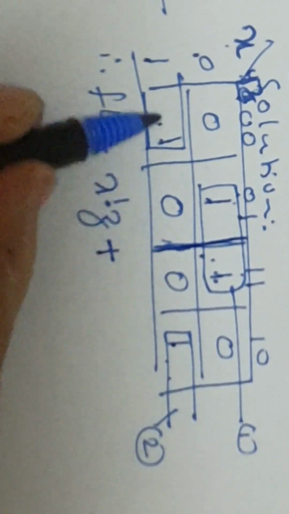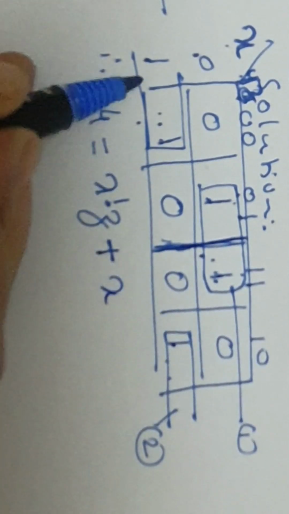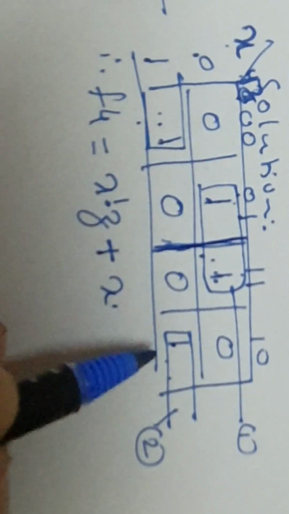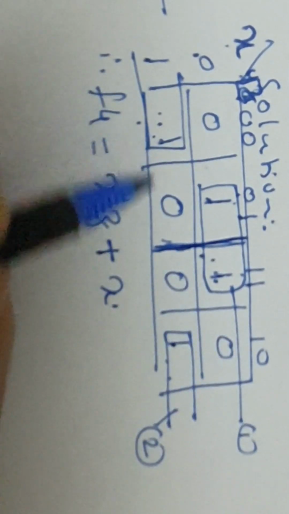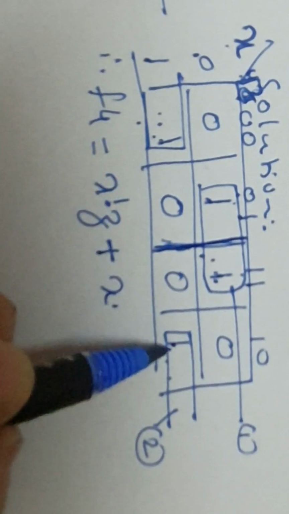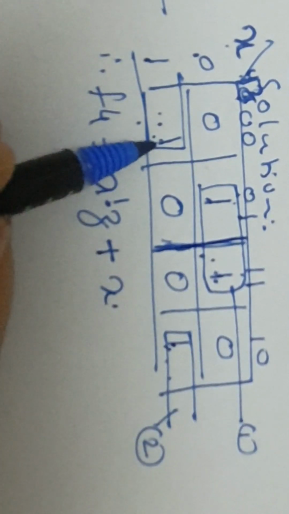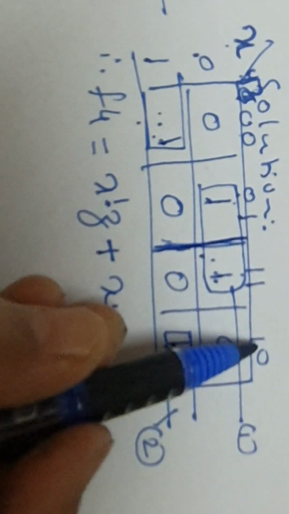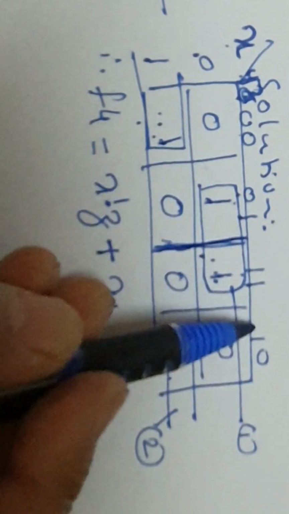With respect to the second group, these two ones, X is common. And column wise, this column and this column, because members of the second group, two ones are there. So to cover both, for covering this one, this column. Here 0, 0, 1, 0.